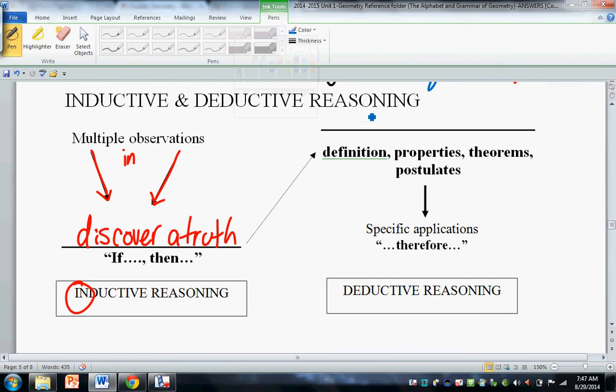Deductive reasoning is you start with a generalized truth and then you apply it to a specific situation.